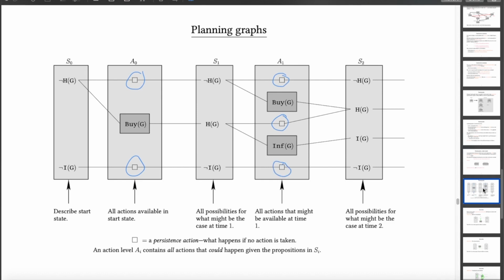And now in state level S1 we have preconditions for both of the possible actions, buy g and inf g. So both of those actions appear in A1, and all of their effects, in addition to the effects of the persistence actions, appear in state level S2. So that's a fairly nice, straightforward way in which we can start with a problem description that's propositionalized and start constructing this graph.